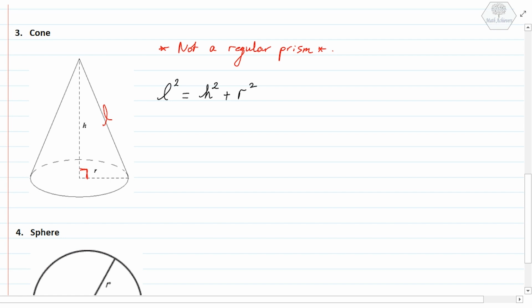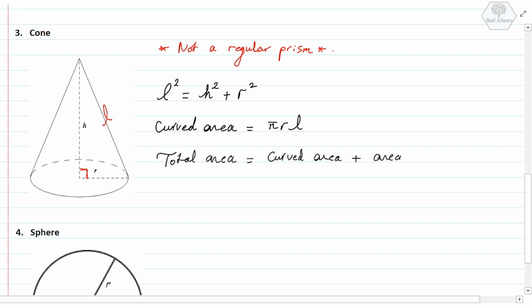Many questions won't give me the value of L or h, so I need to use Pythagoras theorem in order to find its value. Since the cone is not a regular prism, the curved area is always given in your formula booklet and is equal to pi r L. So now the total area is equal to the curved area plus the area of base, since here I have only one base.